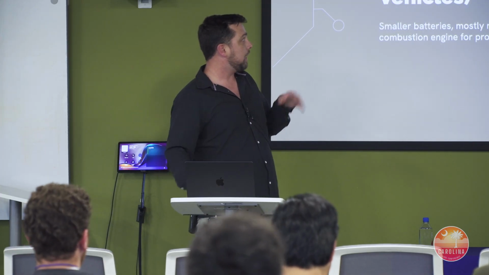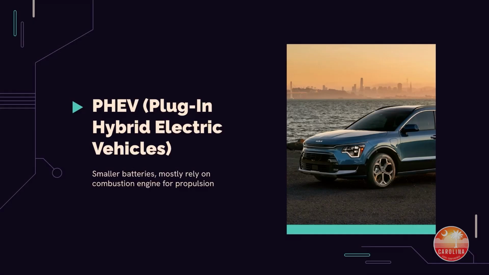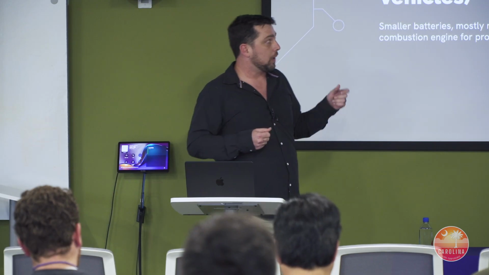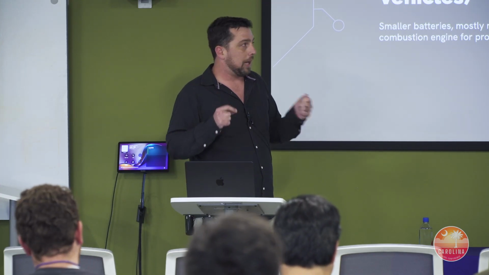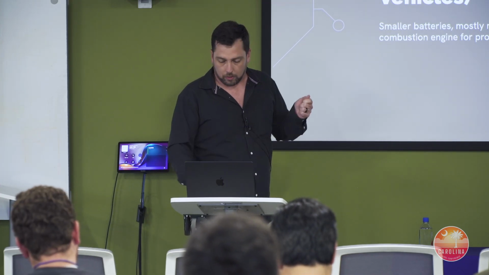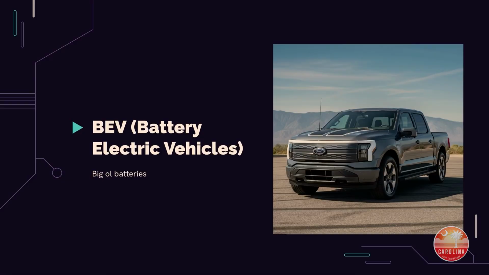One step further from that is the plug-in hybrid. Same kind of concept as the mild hybrid, normally about the same size battery, but it's got a plug, right? I think with most models the vehicle will still charge the battery through the engine, but it also has the ability to plug into a dedicated AC or DC charger and top up that secondary battery really quickly. Then we've got BEVs. Big old batteries.